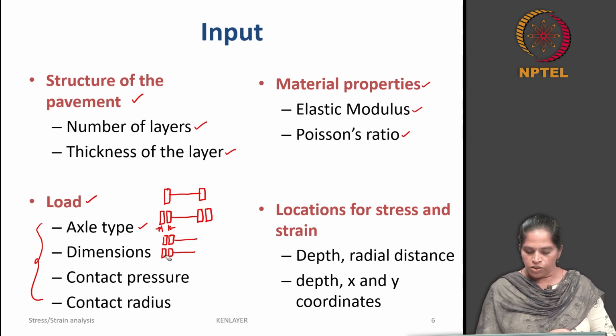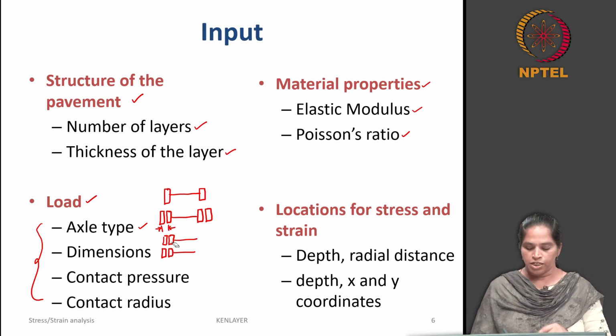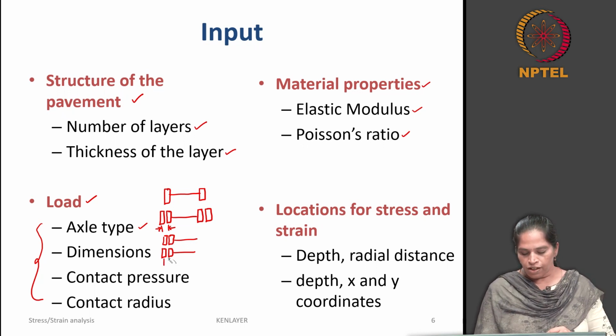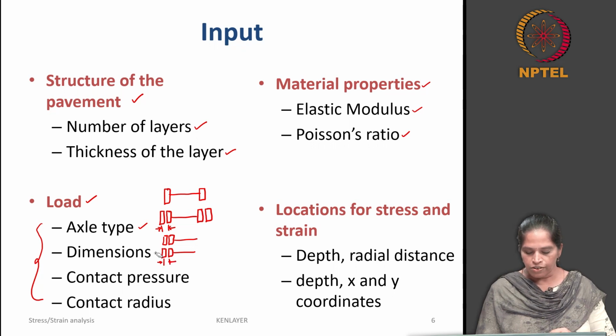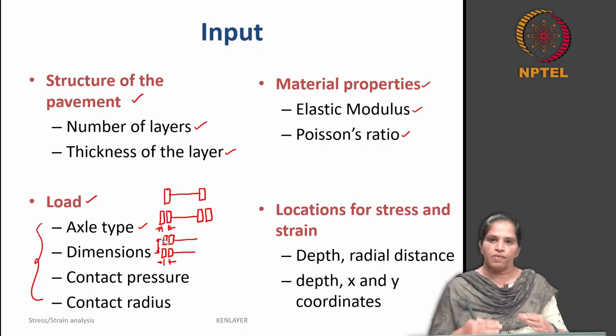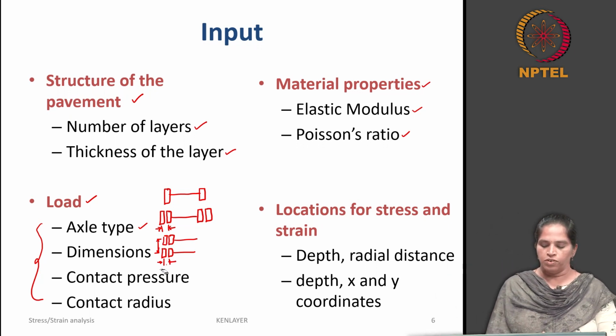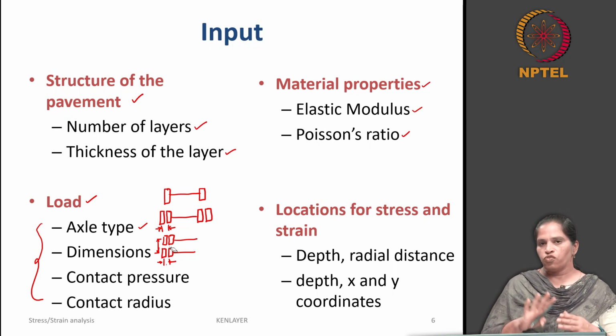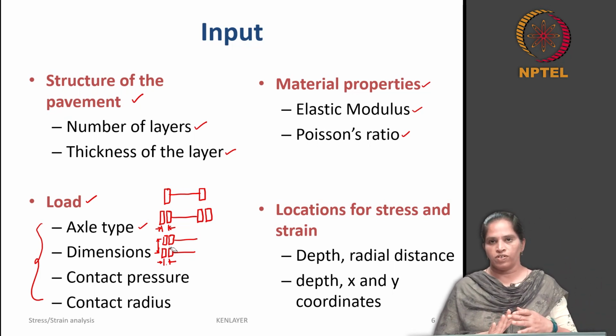Now to define the wheel position exactly, you may need the center to center distance between 2 wheels and the center to center distance between 2 axials. Similarly, if you have a tridem axial, you will have another 2 wheels added to this. So you have 4 different types of axial configurations.